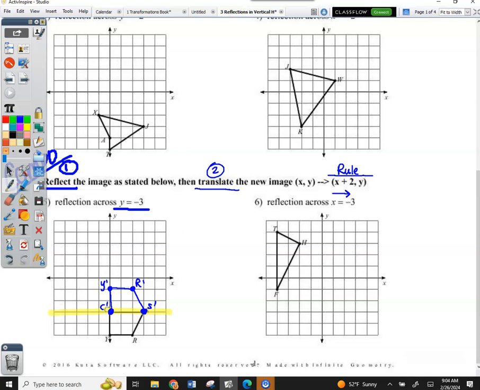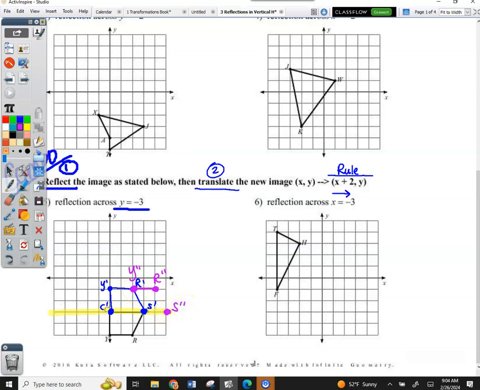which means this is going to look really ugly, but it's okay. I'm actually going to switch colors so you can tell that I am actually doing the work here. It's hard to tell. Come on. Alright. So Y prime right 2 would land here. This would be Y double prime. R prime right 2, wait a minute, would be here. S prime would be here.